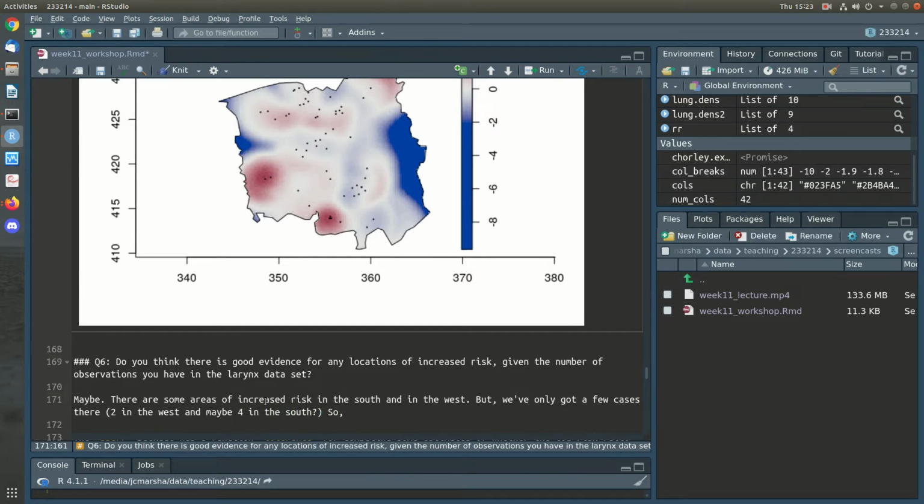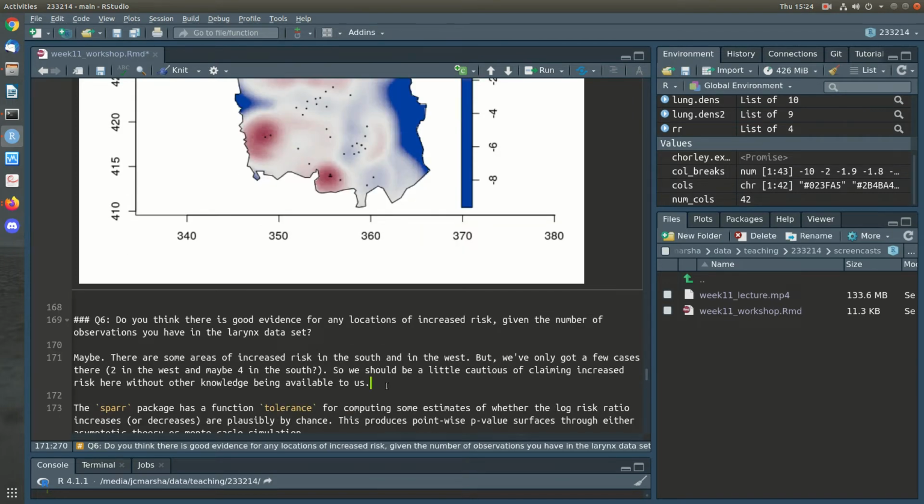So we should be a little cautious of claiming increased risk here without other knowledge being available to us. The data alone is probably a little bit questionable here because we just don't have many larynx cases.